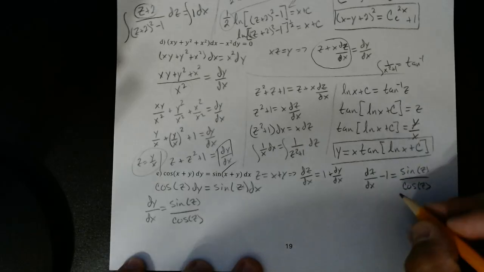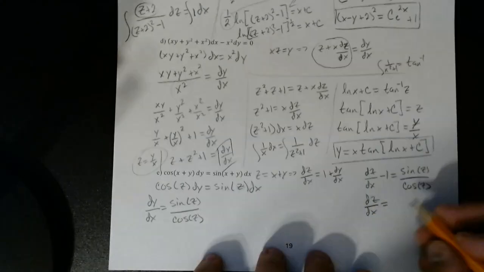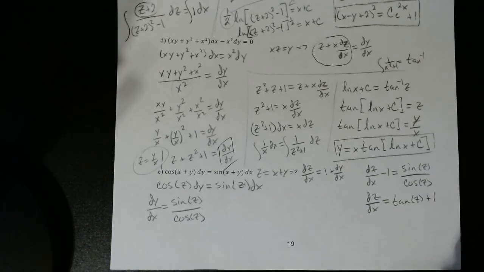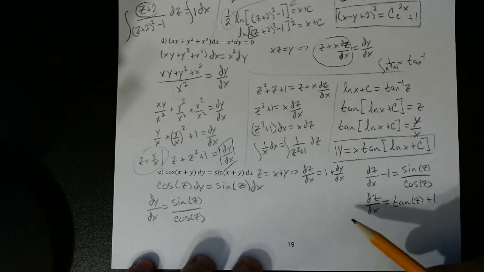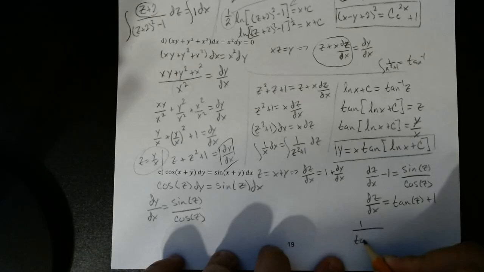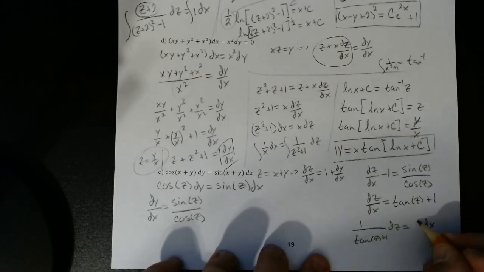Add over the 1, and I'm going to change this to tangent. Gives us that. And again, this is nice because it is a separation of variables. I can multiply this by dx and divide this all over, and it ends up being 1 over tan z plus 1 dz is equal to just dx, or just 1 dx.